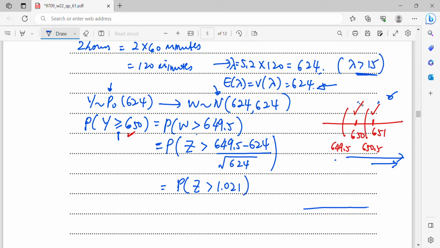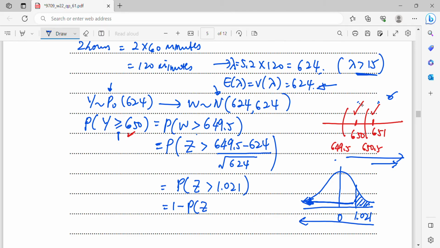Now we refer to the normal graph, symmetrical at 0. 1.021 is on the right-hand side, and the region is greater than this line, so it is the upper tail. But the normal table always shows you the region towards the left-hand side. Therefore, to get the upper tail probability, it should be 1 minus the probability that Z is less than 1.021.